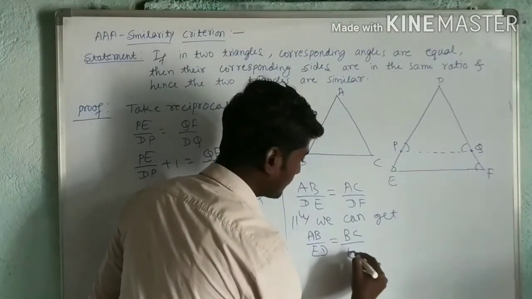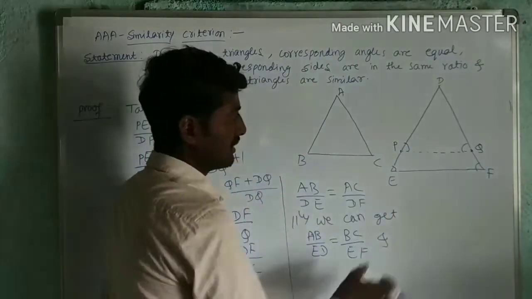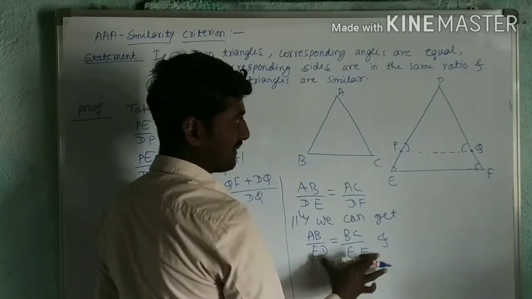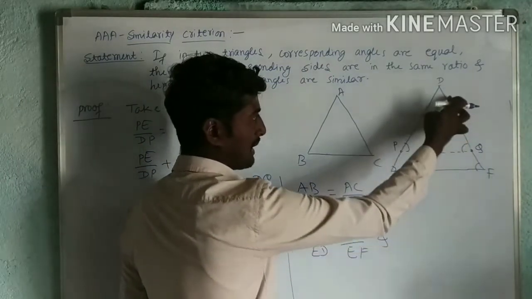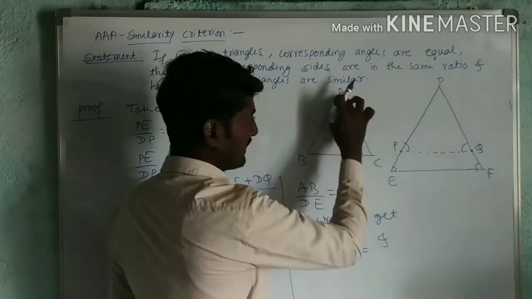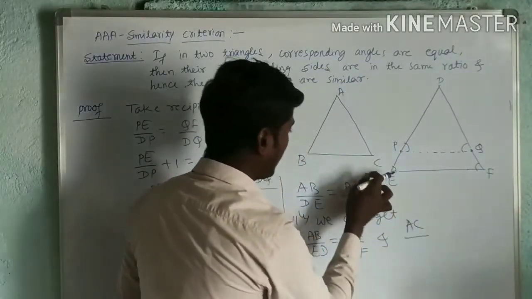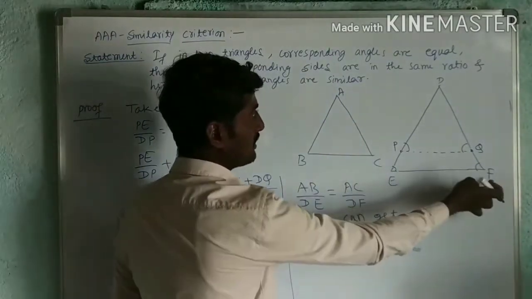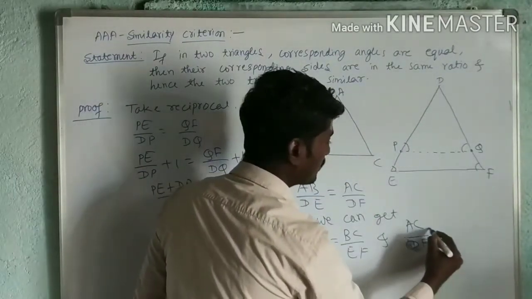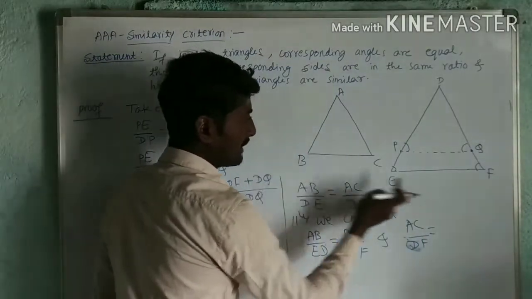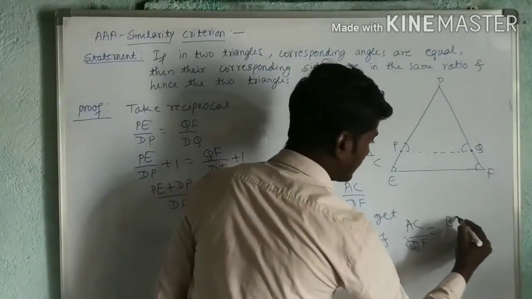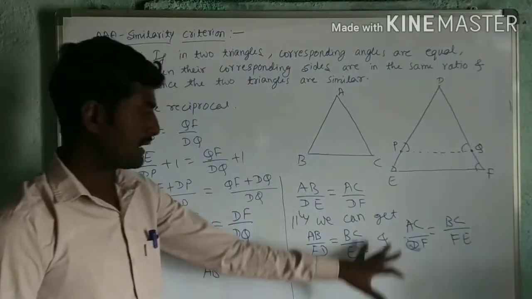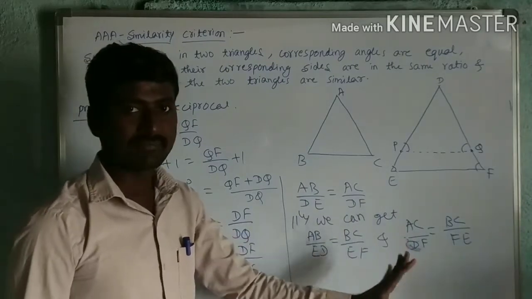So PQ parallel to DF I drew, and then I got this condition. If I draw PQ parallel to DE, I will get AC divided by DF is equal to CB divided by FE, that is BC divided by FE. Now by combining all these three, I will get the result.